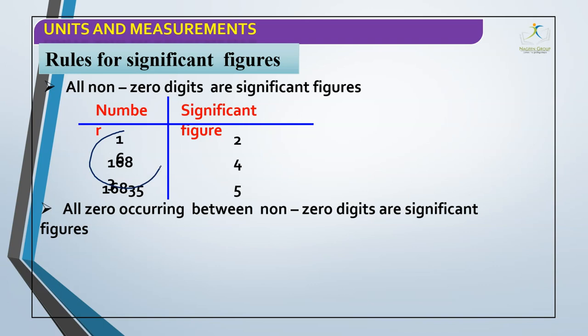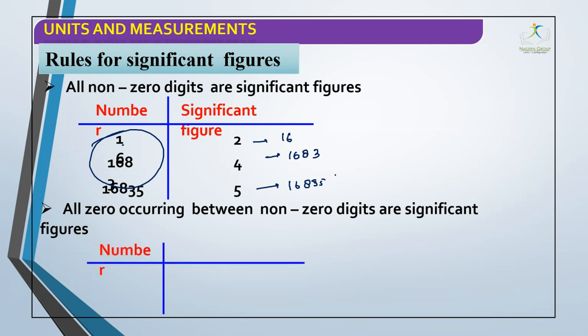I want to write these numbers again, because there will be too much to show. 16, 1683, 16835. These are the numbers. All zeros occurring between non-zero digits are significant figures, as we saw, like 3,8,000, so 4.